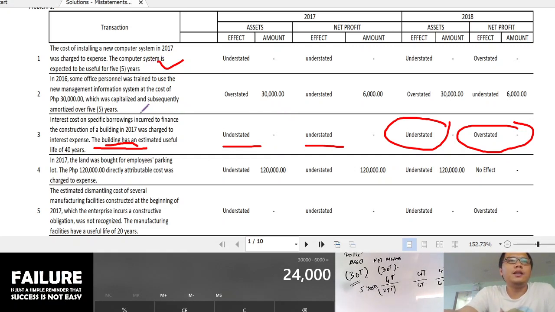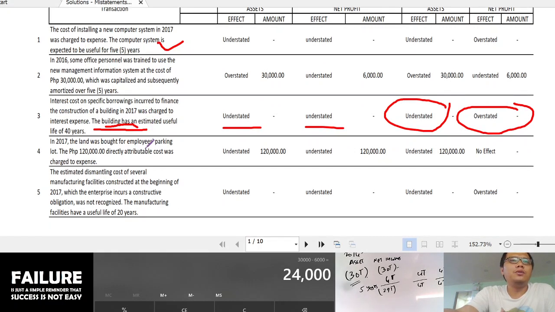Pag iisa-isahin natin yung specific ng error, okay? Actually, yung concern lang talaga nito, what is important is that you should have a strong foundation on what is required by the standard when it comes to recognizing certain transactions.